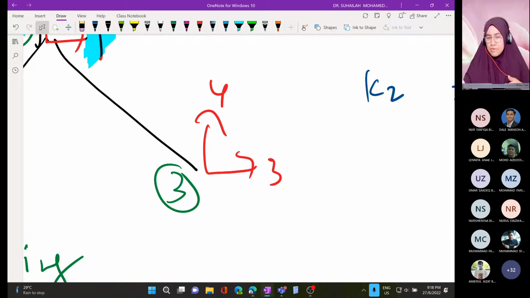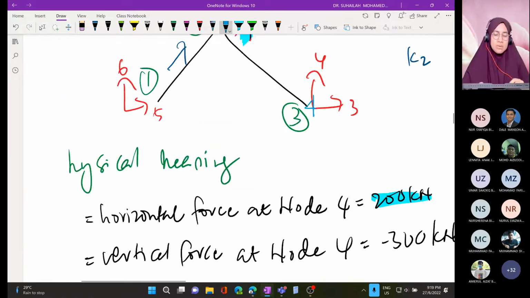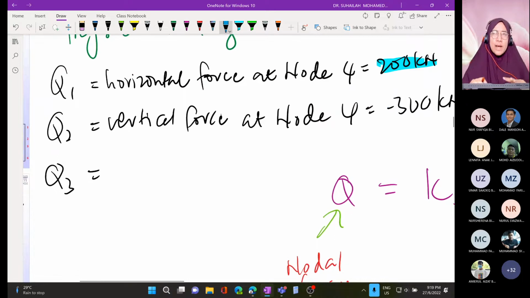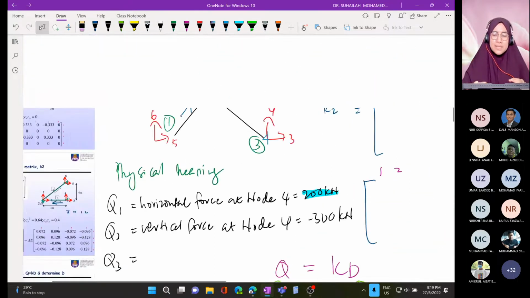Here there is a pin, so it is a horizontal reaction, because it is at the support. That is how we read the diagram.